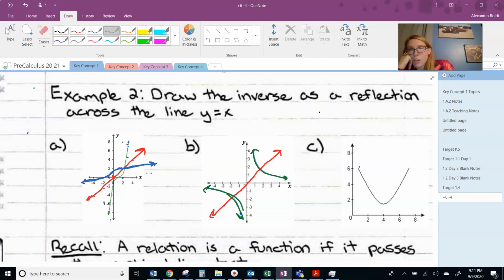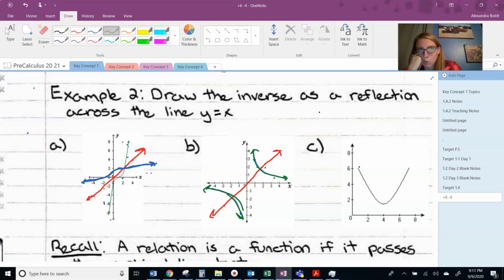You can also think of it as flipping the point. So it looks like there's a point at (1, 3). So flip it, (3, 1). There's a point at about (2, 2). That's almost exactly, again, it'd stay the same. So you can think about it as flipping those points' x and y.